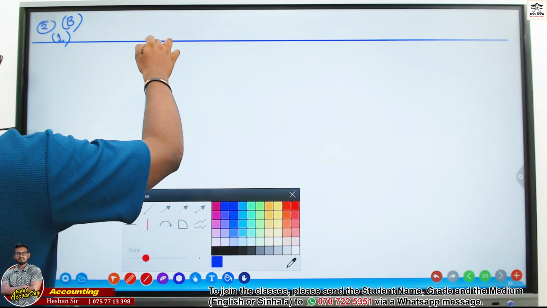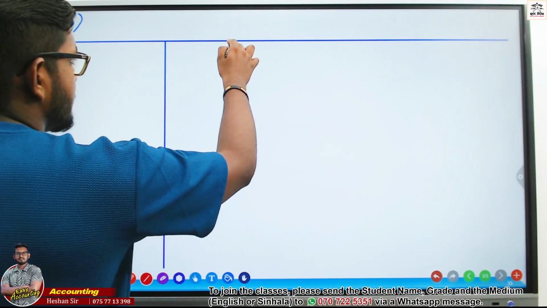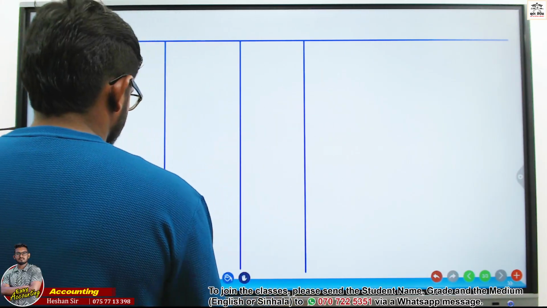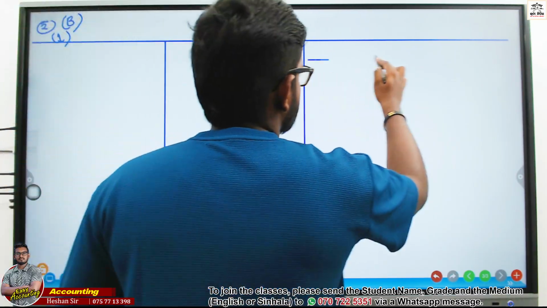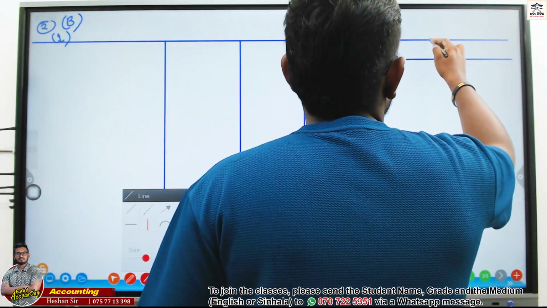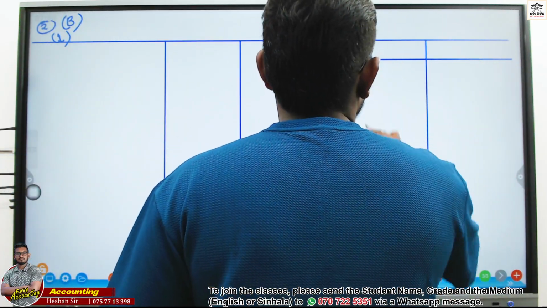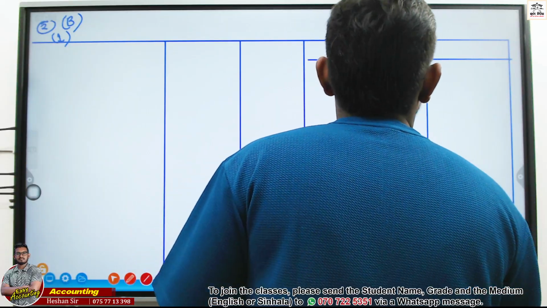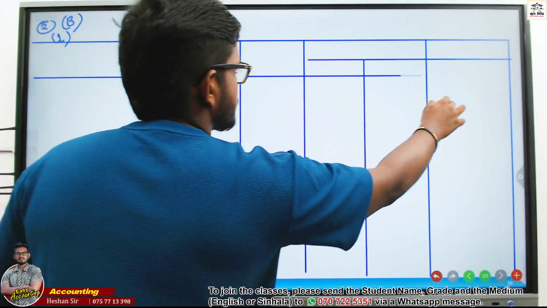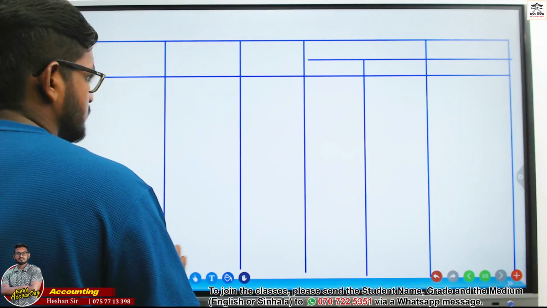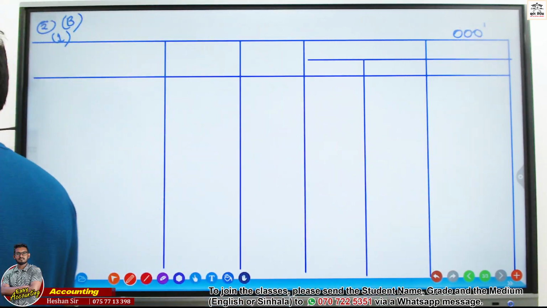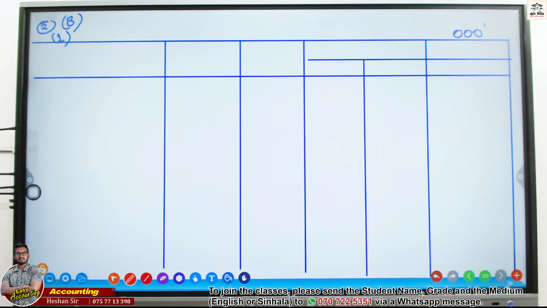Detail, basis, and the total. There are two production cost centers and one service center. Overhead analysis sheet.